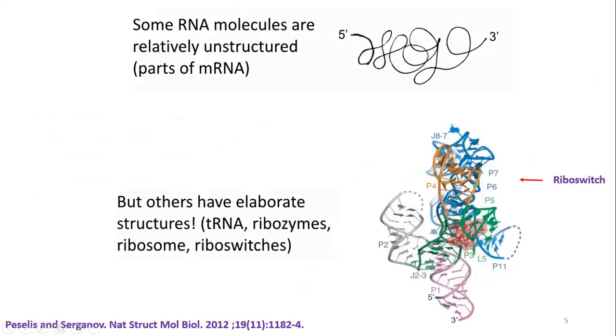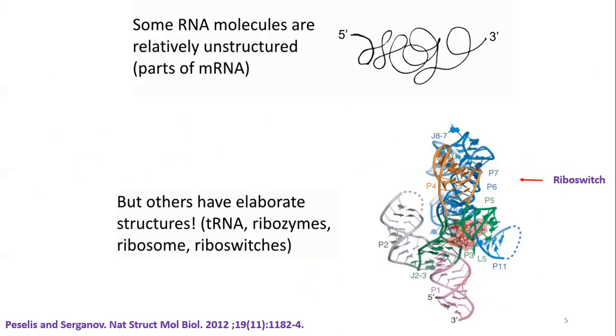Now, for example, some RNA molecules are relatively unstructured, right? They can be elongated in nature, like some parts of mRNA, while on the other hand, some RNA molecules can have very intricate, elaborate, and very complicated structures.